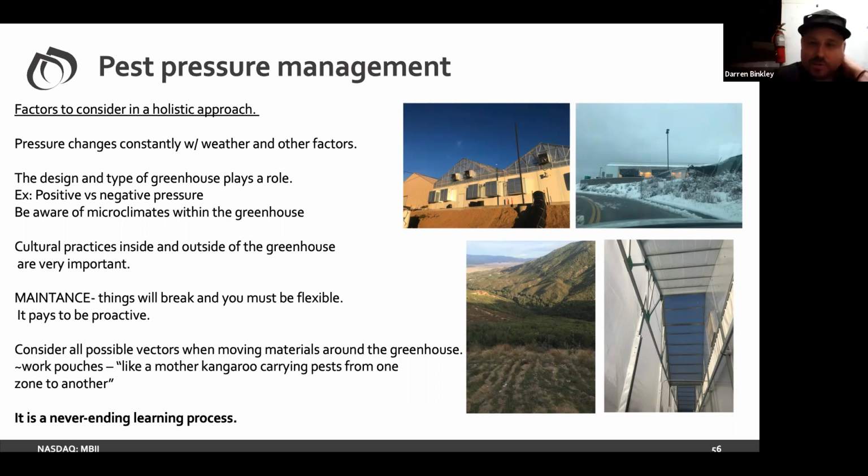Yeah, with the slide, the cultural practices of the greenhouse, I would say that a lot of people ignore that. When I say cultural practices, inside and outside cleanliness, sanitation is huge. Maintenance has to be constantly going. There are going to be constant vectors, whether it's people touring your greenhouse or electricians, etc. And you can limit that: put people in Tyvek suits, have specific tools and specific cleanup things per zone, per room.